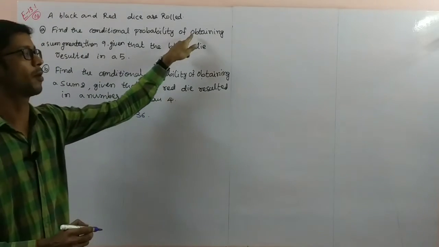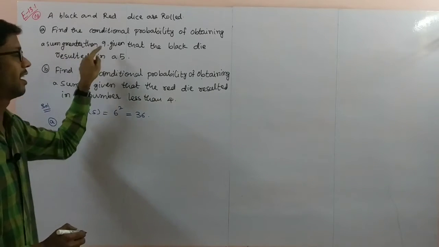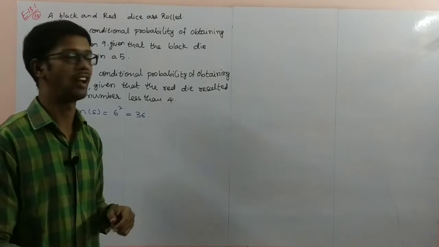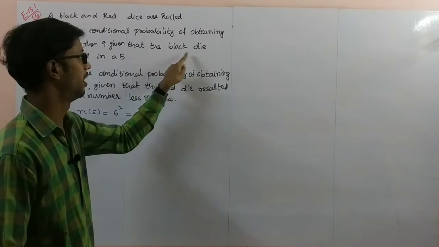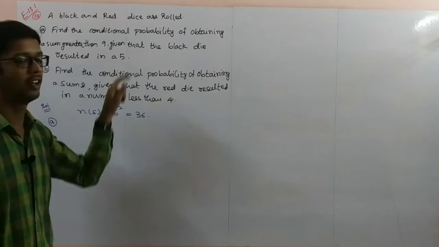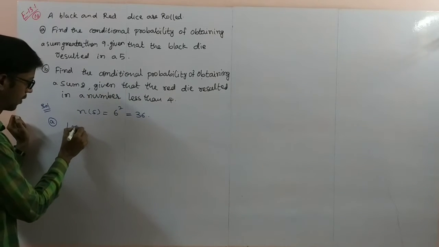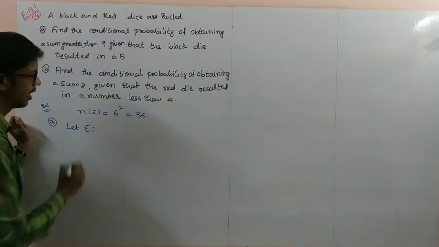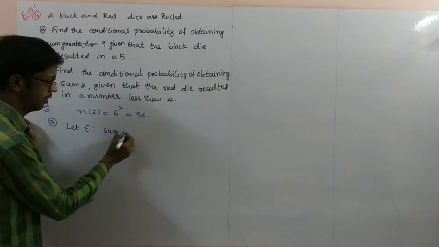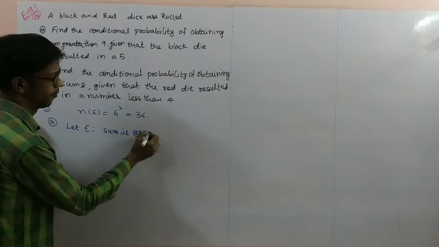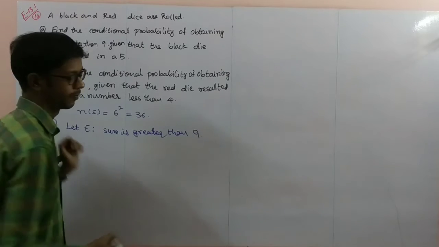Question A: find the conditional probability of obtaining a sum greater than 9, given that the black die resulted in 5. First I'll write one event E. Let E be the event that the sum is greater than 9.